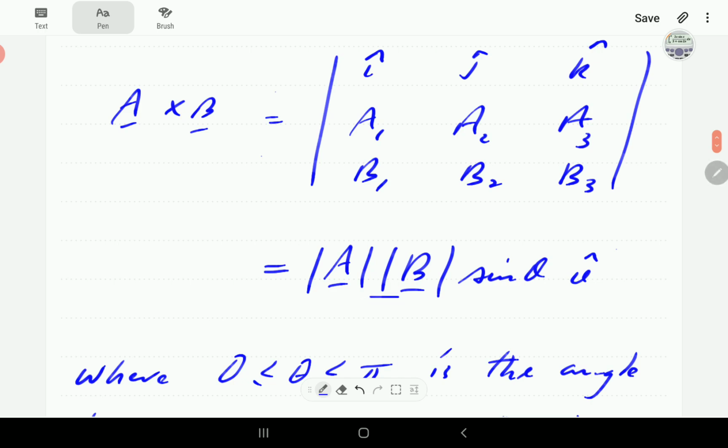Alternatively, the cross product is the magnitude of a times the magnitude of b times sine theta, where theta is the angle between a and b.